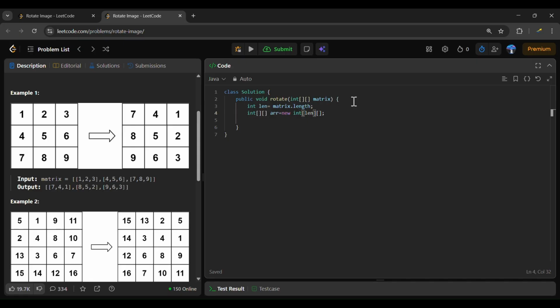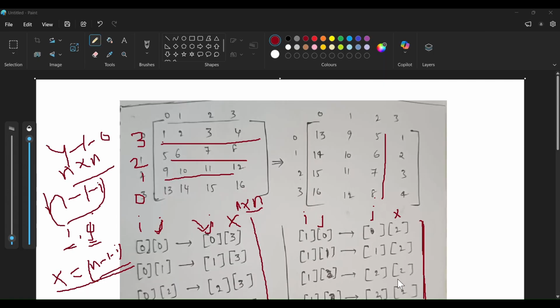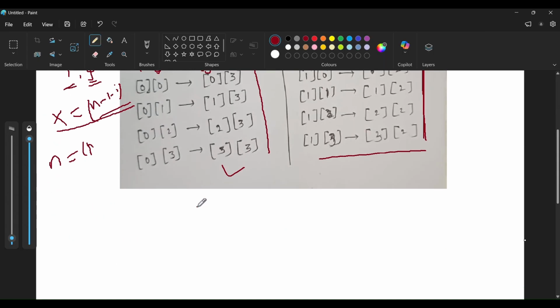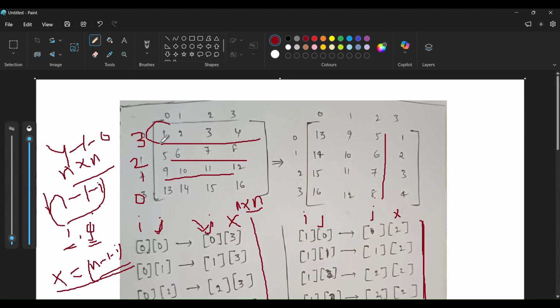I am creating another 2D array with the same length as the given matrix. What I need to do is iterate throughout the array and find the pattern of how the elements are placed. In the same way I will copy the element from the given matrix and place it at the specified position in the array that I initialized.